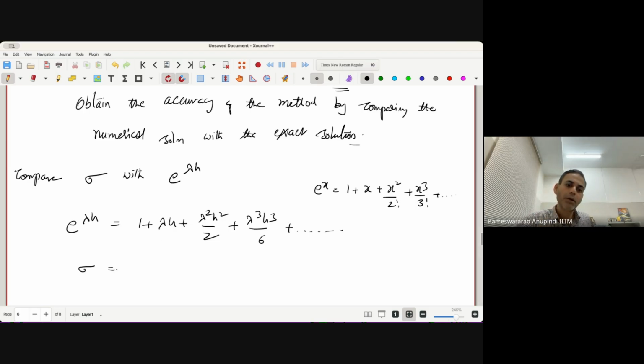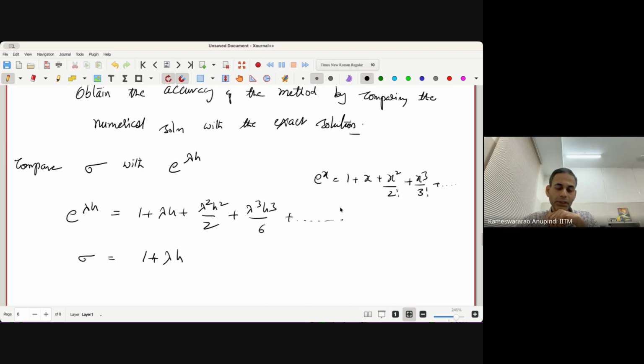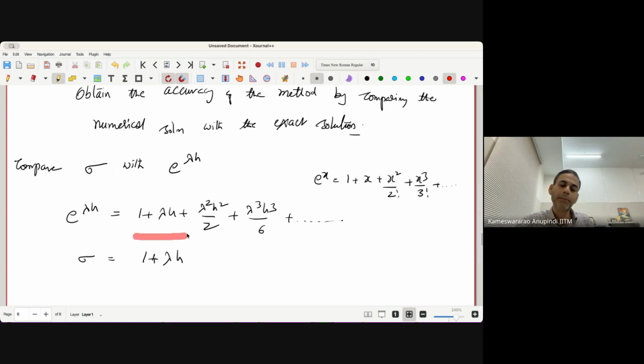Whereas sigma for the explicit Euler method we have obtained as 1 plus lambda h, right? Now you see kind of a very good comparison. The explicit Euler method is only modeling this to the first two terms of the expansion, right? It only has the first two terms. The remaining terms it doesn't have, right? So it is only matching up to 1 plus lambda h.